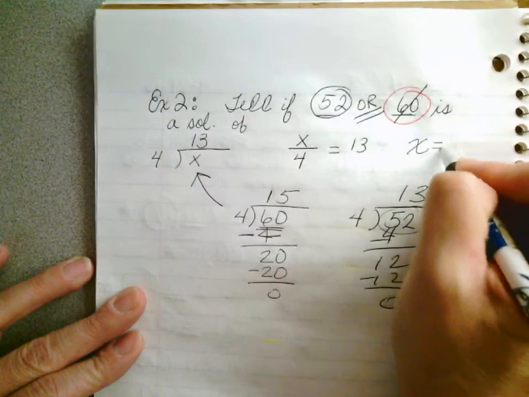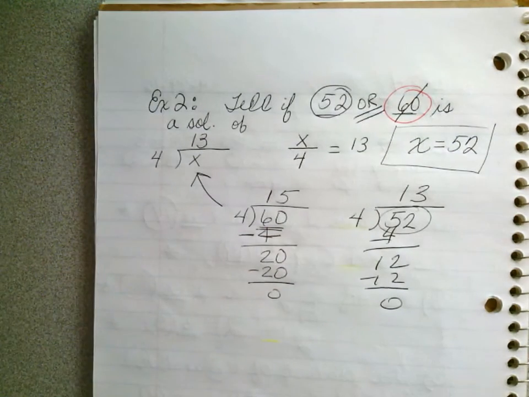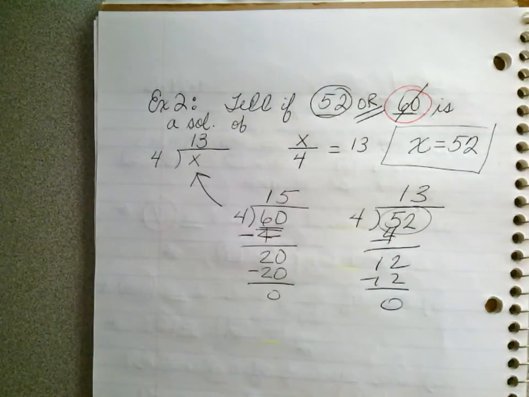So x indeed does equal 52. How do I know that? I just proved it by testing both examples in the equation of x divided by 4 is 13. I've just tested that. Okay? That is going to be your numbers 13 and 15.